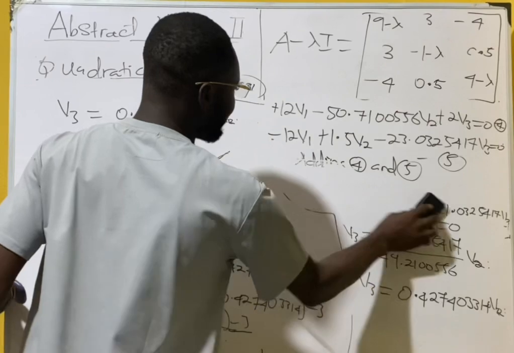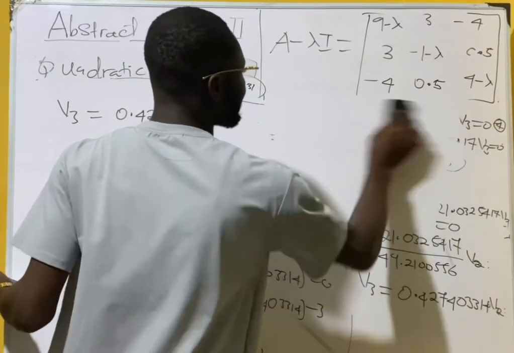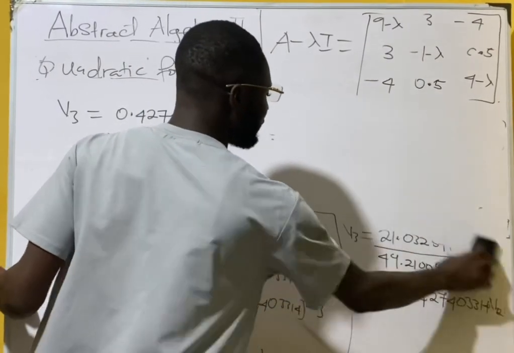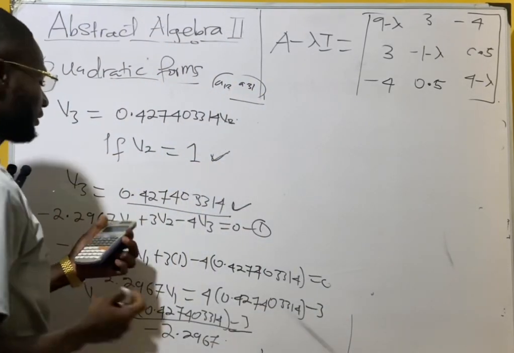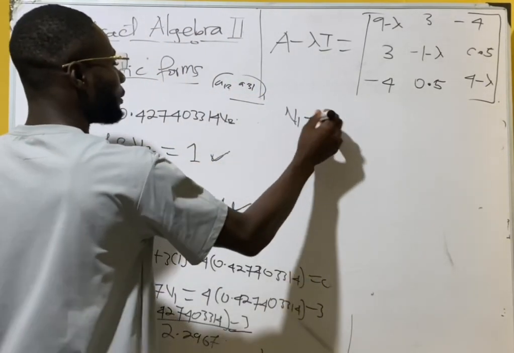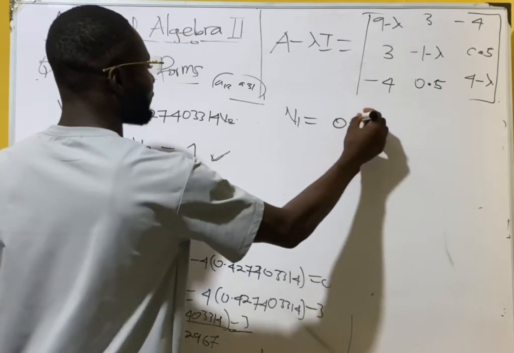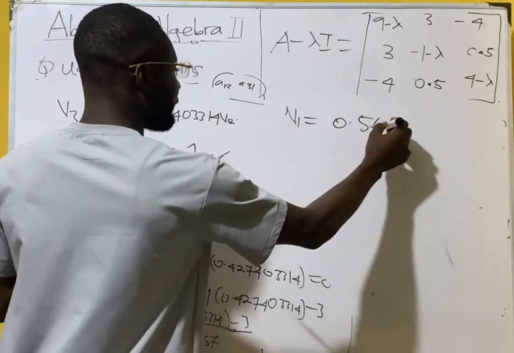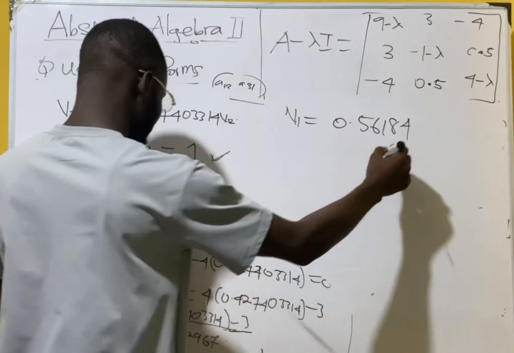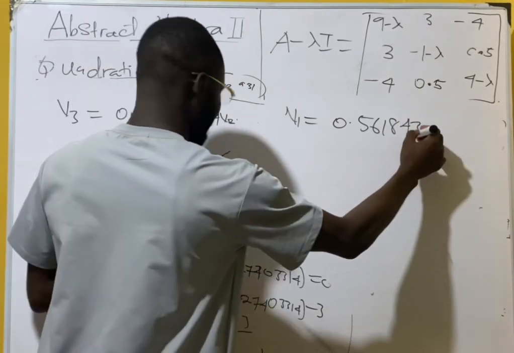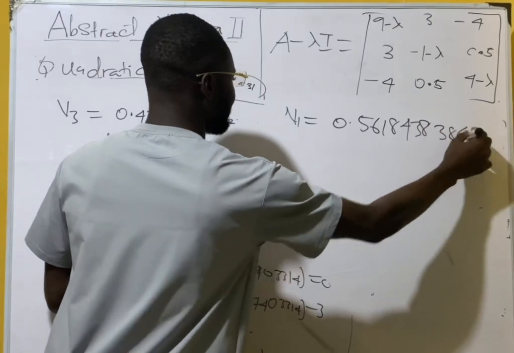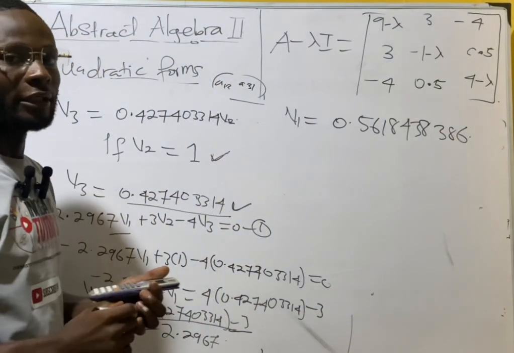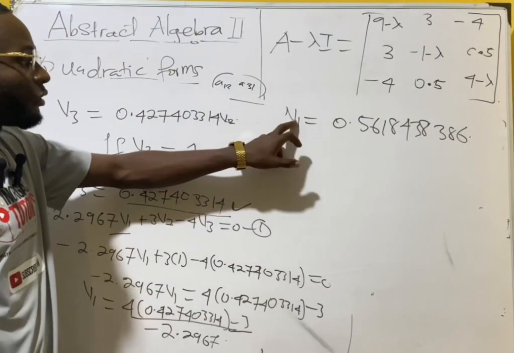And that is going to give us V1 to be equal to 0.561843886. Okay, so that is the value of what?